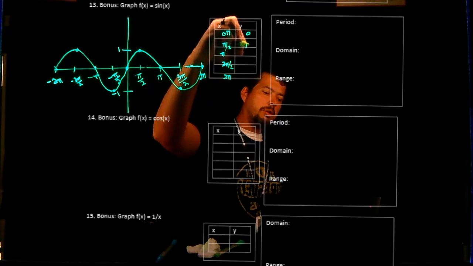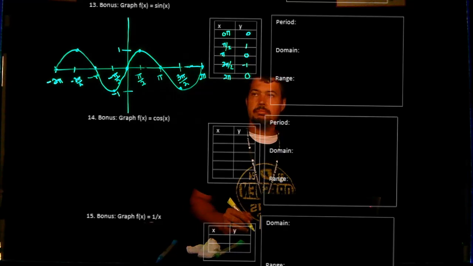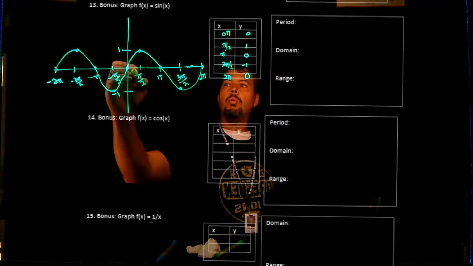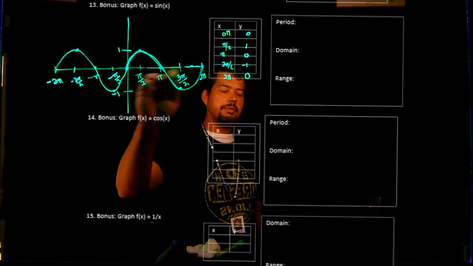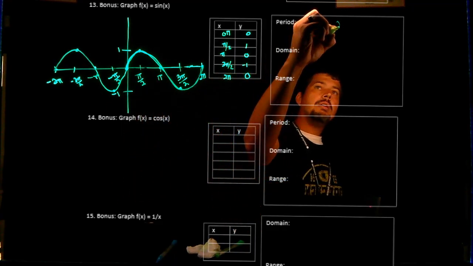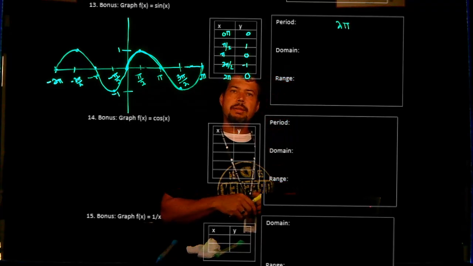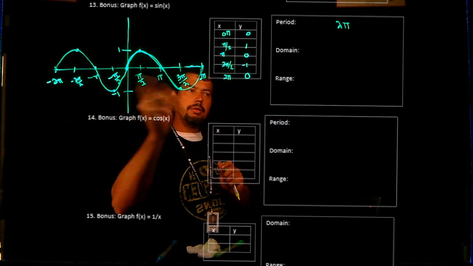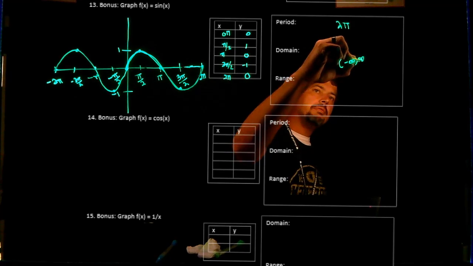Pi over 2 was 1. 0, -1, 0. To draw one full cycle of the sine function, I covered 2 pi. That's the period. Sine and cosine both have a period of twice pi. The domain here, this thing runs left forever, it runs right forever. Its domain is -infinity to positive infinity.